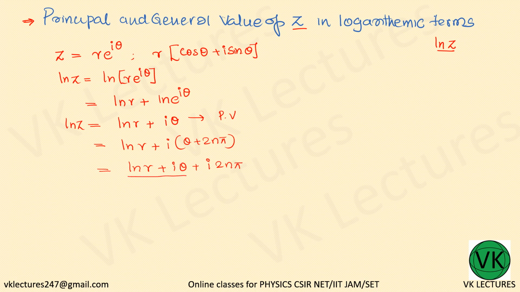Now this term is nothing but log z. So we can write, let it be log z. So log z is equal to, this one is log z plus i times 2n pi. So this is the general value.